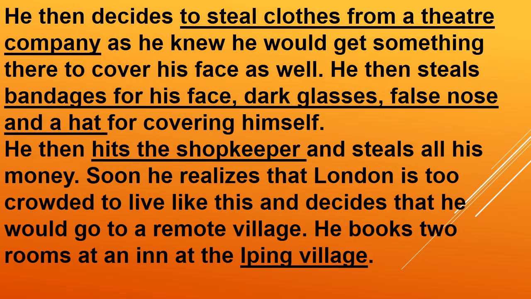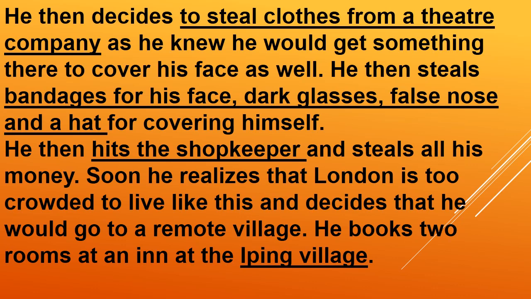Griffin then decides to steal clothes from a theatre company as he knew he would get something there to cover his face as well. He then steals bandages for his face, dark glasses, a false nose and a hat for covering himself. He then hits the shopkeeper and steals all his money.